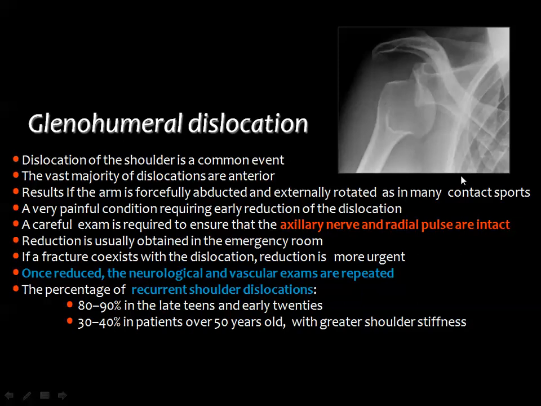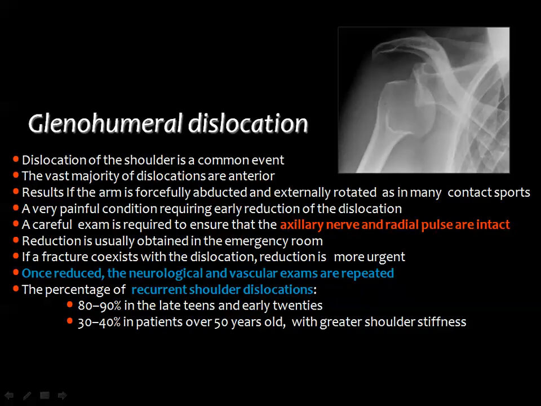The majority of dislocations of the shoulder joint are towards the anterior aspect. Anterior dislocation of the shoulder represents about 95% of shoulder dislocations, while the posterior dislocation represents about 2 to 4%, and multidirectional dislocation is about 1% of the cases.